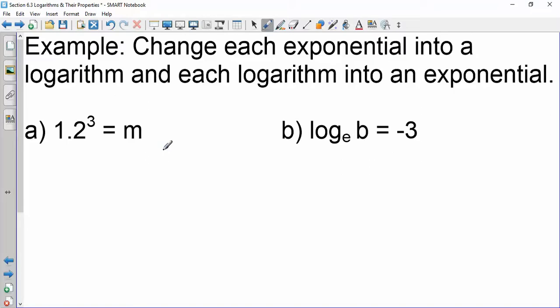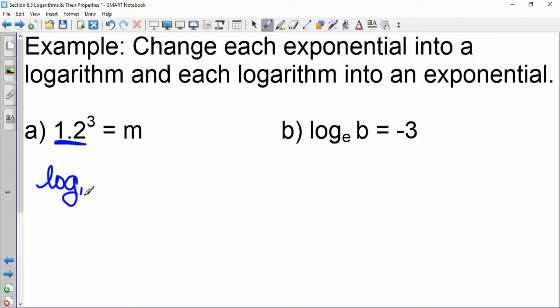So if I said you have 1.2 to the third equals m, and I wanted you to write that as a logarithm, you do log, the base of the log, it's like a subscript. So the base of the log is the same as the base of my exponential.